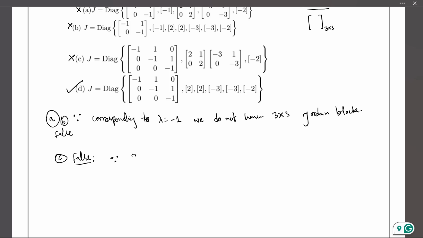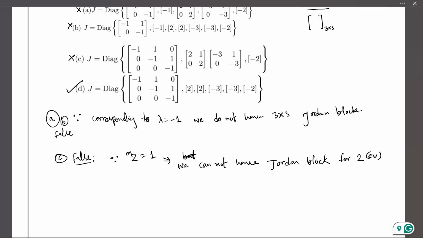Since m2 is equal to 1 corresponding to eigenvalue 2, this will imply we cannot have a Jordan block for eigenvalue 2 of order bigger than 1. We can have order only 1 cross 1, and there should be at least one 1 cross 1. That is also a given condition. So it is false. So only option D stays.